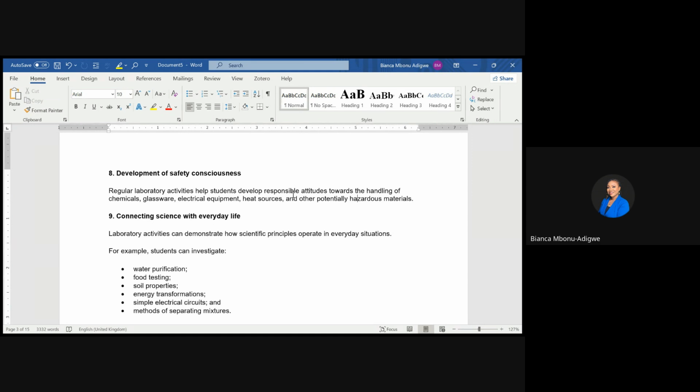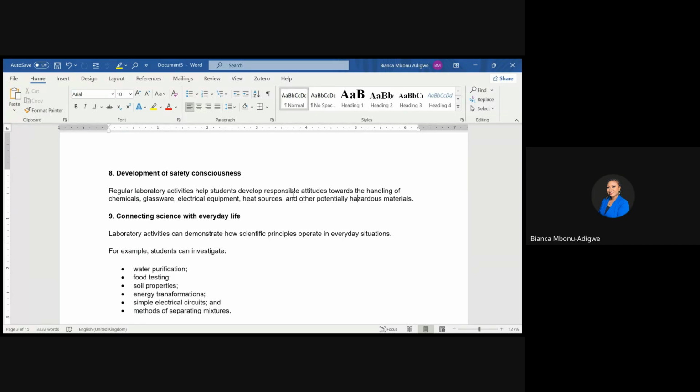And then you transfer that safety consciousness out of the lab, even to your homes, such that when you get to the house, you already know, oh no, I shouldn't be doing this with an electrical equipment, it could electrocute me. I shouldn't do this with heat sources.